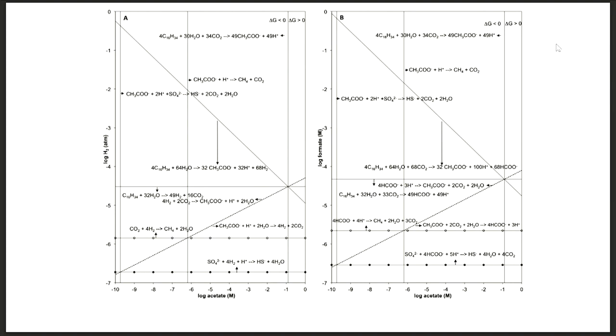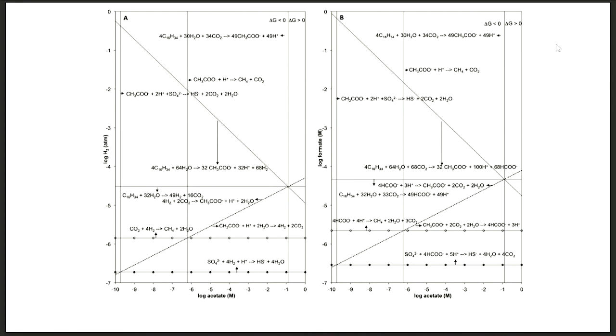You can also make it a little bit more complicated, but we lost some time, so I don't think it's necessary. This shows the range of hydrogen and acetate concentrations. You can see here the domains where reactants or products should be for a reaction to be exergonic.